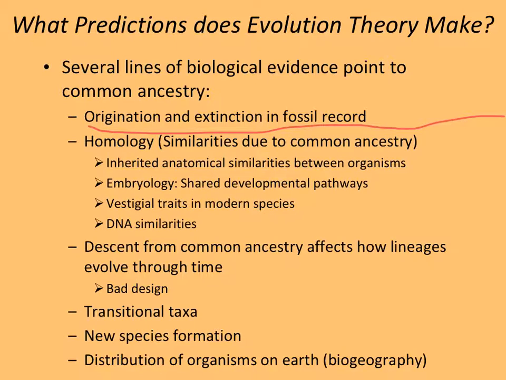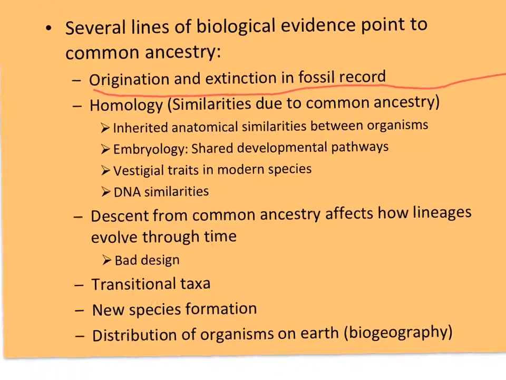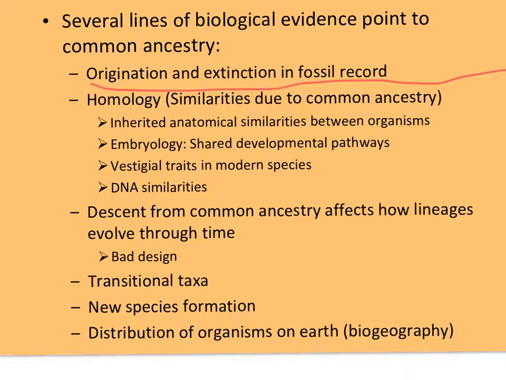In other words, also transitional species. Like with birds, there were transitional species, namely bird-like dinosaurs, dinosaurs that had feathers. In the fossil record, we can see that. And we can also see new species formation, whether in the fossil record or incipient species, taxa that are now in the process of splitting.